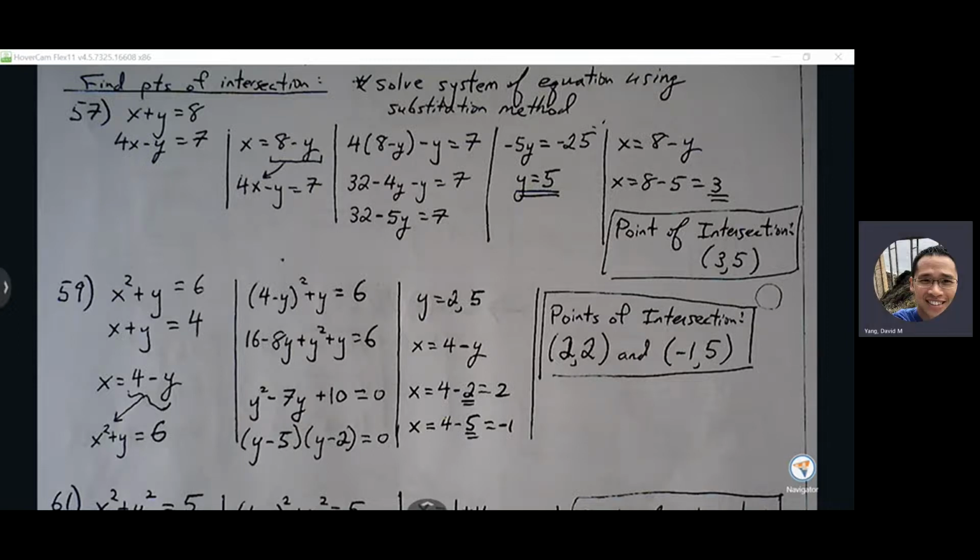So find x-intercepts, find y-intercept. Find x-intercept, you replace y with 0, which is solve for x. Find y-intercept.